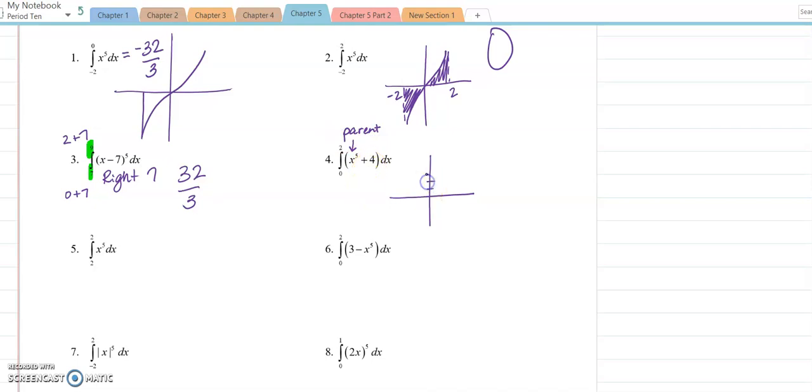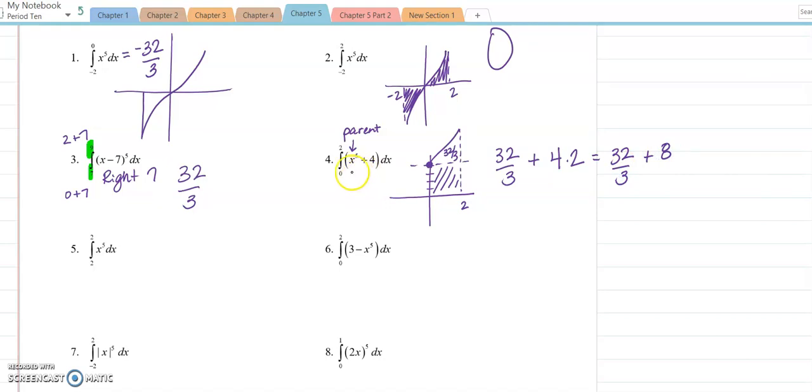So 1, 2, 3, 4, and then you drop it down. So this area here is 32/3, and this space underneath is a rectangle. So we have 32/3 plus 4 times 2, so 32/3 plus 8, and you can just leave your answer like that.